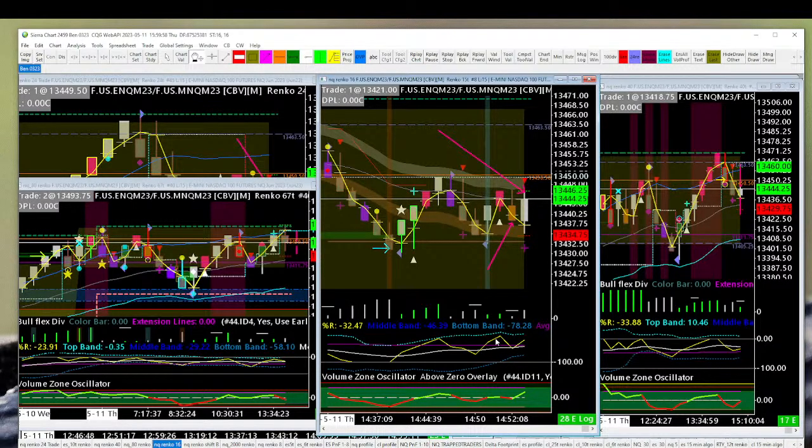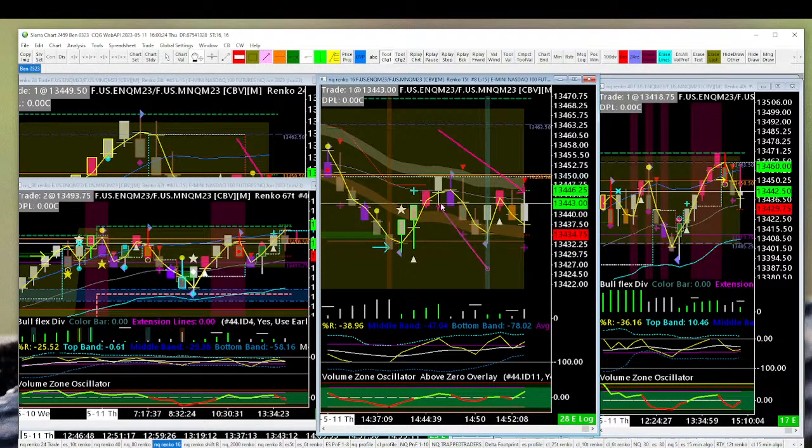And if you think about it, every Renko bar closes at either the low for a down bar or the high for an up bar. So the distance between the close and the low is 0 here, and the distance between the close and the high is 0 here and here and here, right? All the up bars have the wicks on the bottom, and the down bars have the wicks on the top, because that's just the way Renko works.